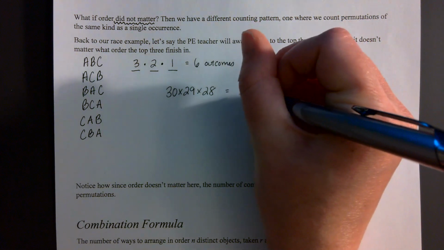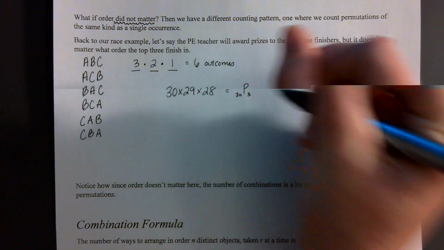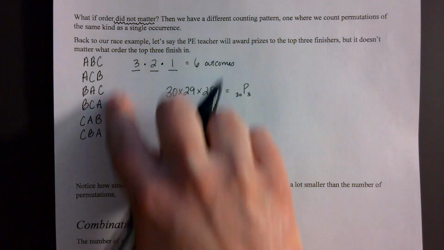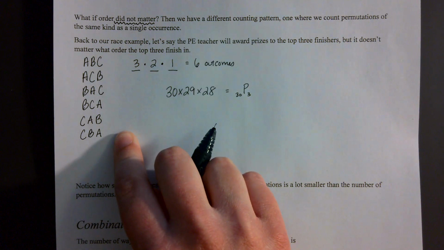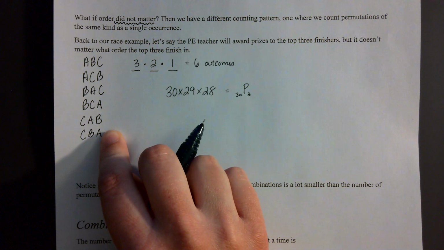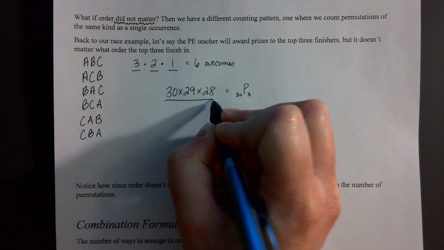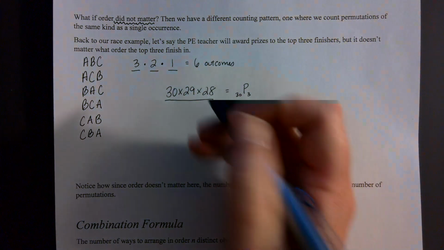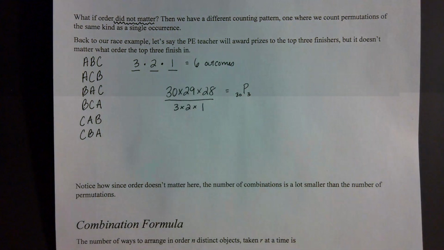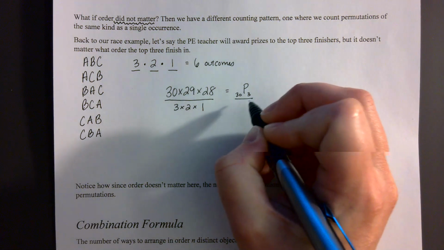But now we want to divide out the fact that it wouldn't matter what order these 3 people came in. So I need to eliminate the repeats here. To do so and eliminate all these different options, I'm going to divide out my repeats. So I'm going to divide out the fact that we have 3 times 2 times 1 repeats. Really, 3 times 2 times 1 is our 3 factorial.